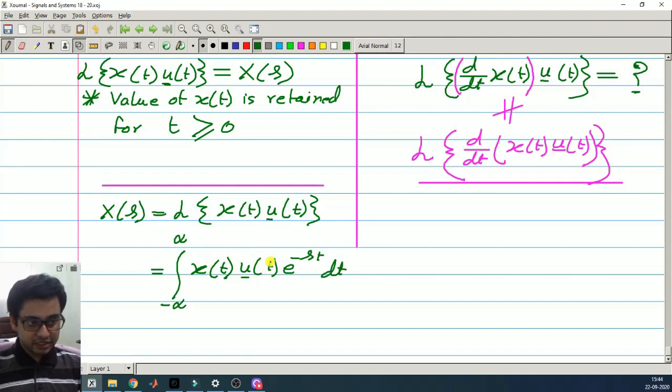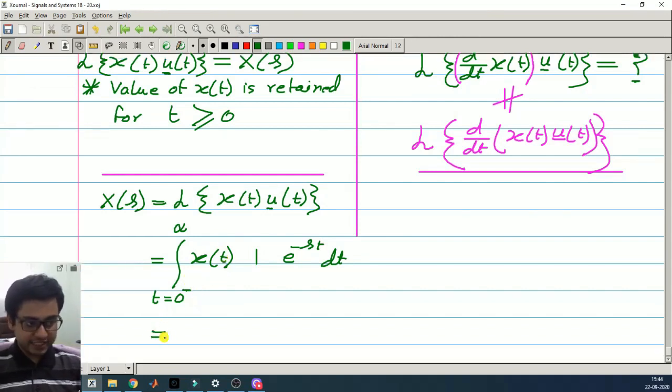However, since this u is 0 before time 0, I will put here from time 0 including time 0. So you may write from 0 minus to infinity, and within this range this signal u is equal to 1. So let me put 1 here. So this is also called the one-sided Laplace transform of x(t), as we told yesterday.